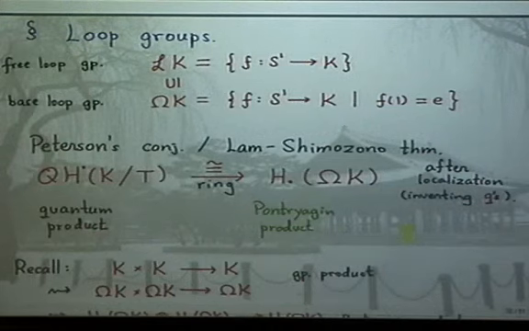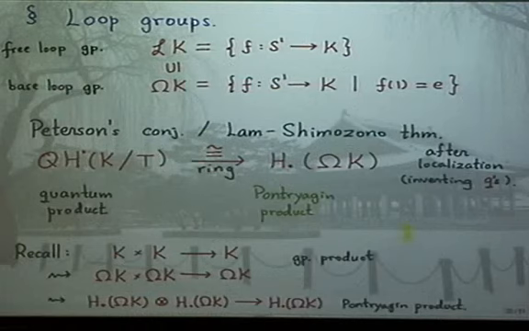The mirror symmetry part is this. That is just some conjecture of Peterson and later by other people. You can look at the free loop space or the based loop space.